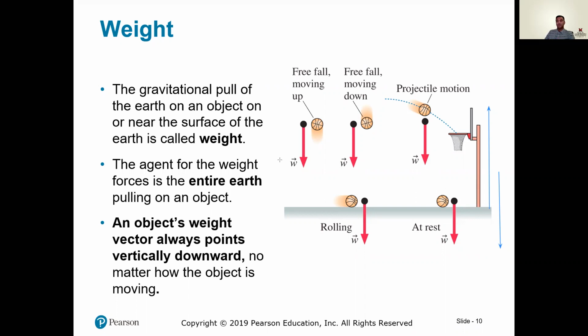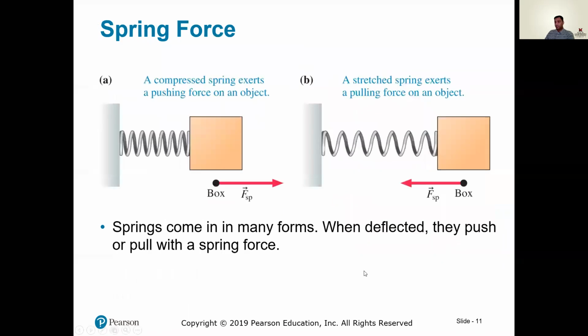This has something to do with the weight. Eventually, we're going to see that weight is basically going down. So this is mass times acceleration due to gravity. And we're probably going to see free fall or gravitational pulls in our experiments at some point. Anyway, it's always vertically downward. That's the whole point of this slide.